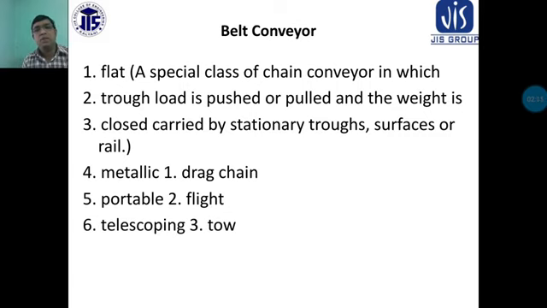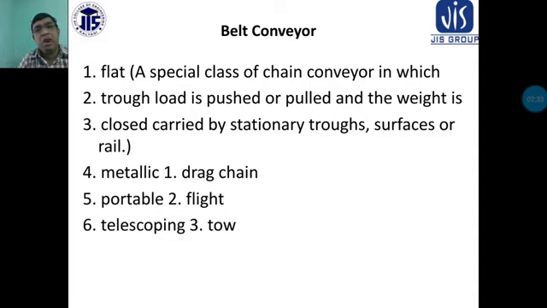Basically the belt conveyor has a flat shape on the upper part of the belt, and the lower parts are mounted on different pulleys. The pulleys transfer the belt from one place to another place, and the pulley is given motion. Two basic pulley concepts come with the belt conveyor: one is the driver pulley, another is the driven pulley.